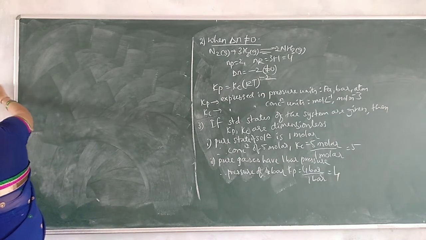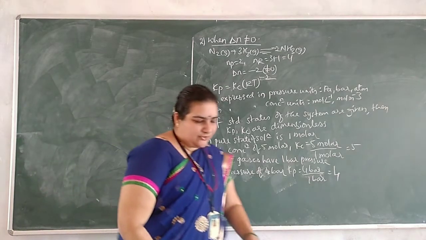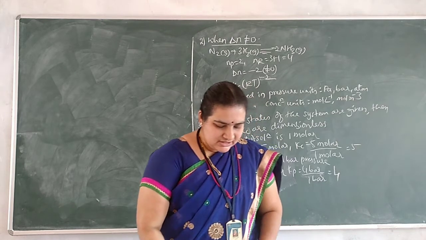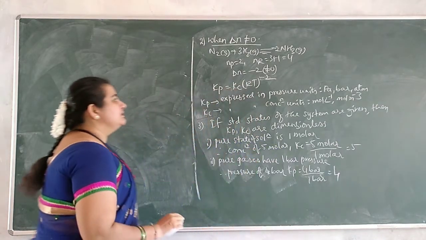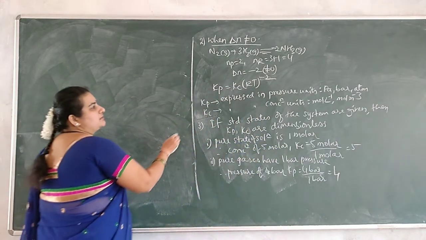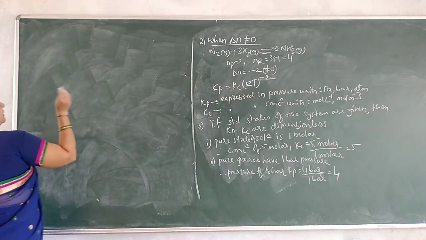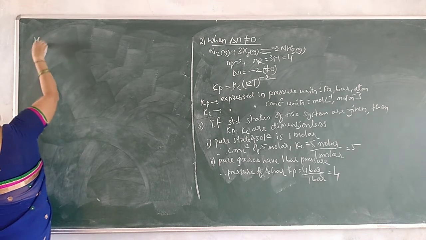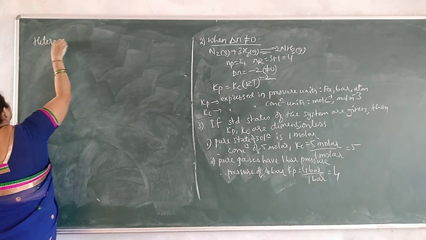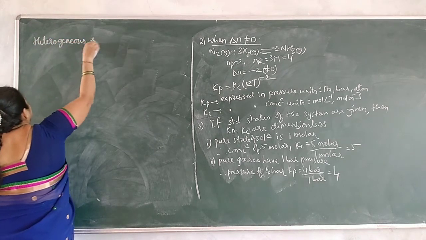After this concept, let us move to heterogeneous equilibrium. There are problems to be solved based on Kp and Kc that I will solve at the end of this class. Next is heterogeneous equilibrium.